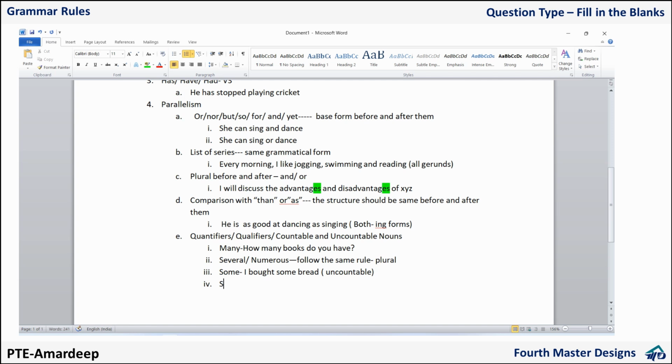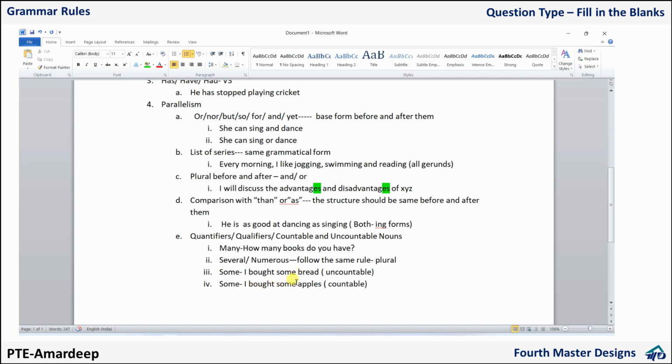And for the same word some, if I say I bought some apples, it is countable. Now if I tell you, whenever you get some, write plural, okay, fine. When the word is apple, you can write apples. Why? Because some is there.